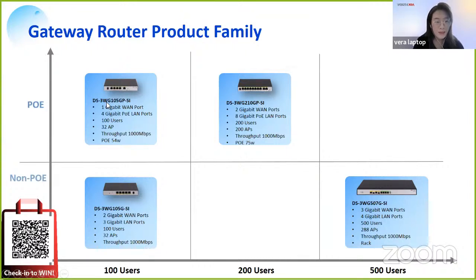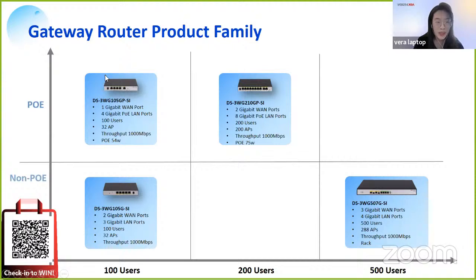And for the 3W, we will introduce for the AP, which we already know is mentioned for the wireless product. And the G, gateway router. So 3WG means the Hikvision gateway router. The first number means how many users? 100, 200, and 500. And the following digits mean how many ports.